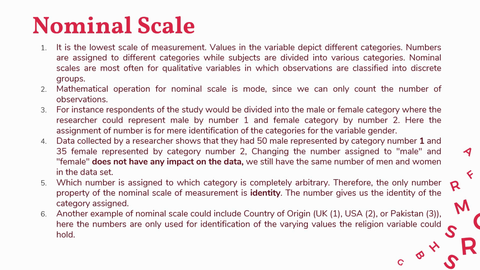A variable might hold different values. For example, what are the values for gender? Male and female. What are the values for job rank? Junior, middle, or senior ranked employees. What are the values for type of employment? Permanent or, for instance, contractual. So based on the values that a variable will hold, we decide on the scale.